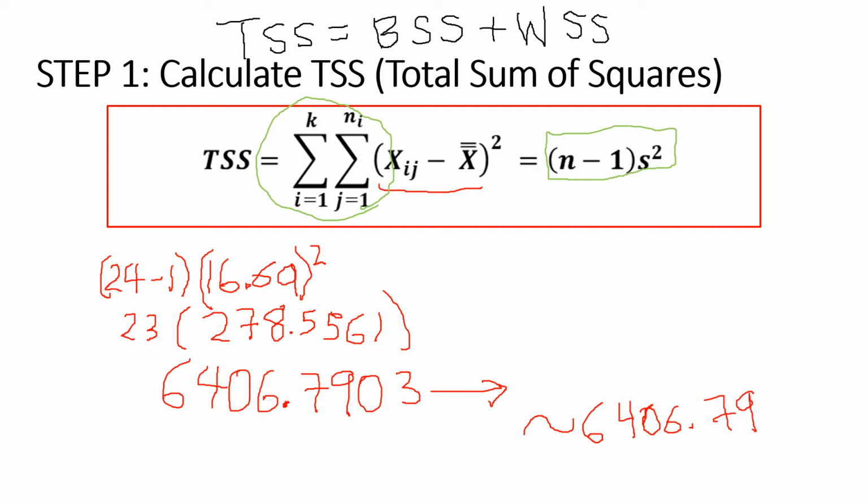So what this means is that when we add up our BSS and our WSS, they should equal this number or something awfully close to it. So that's why we want to know that. It's our total sum of squares, or the squared residuals.